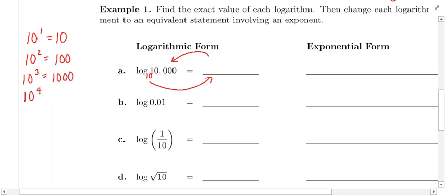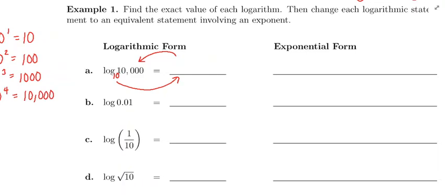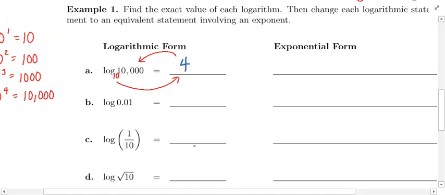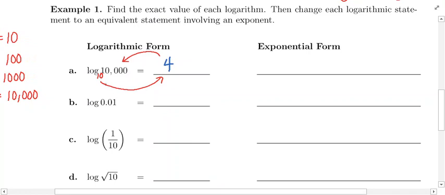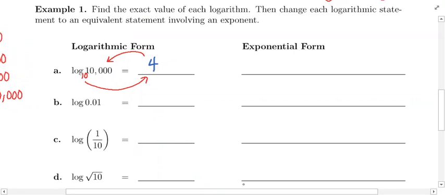And 10 to the fourth power is 10 times 10 times 10 times 10. That's 10,000. So the answer here is 4, because if you take the base, which is 10, and raise it to the fourth power, you're going to get 10,000. So the answer to the logarithm is 4.